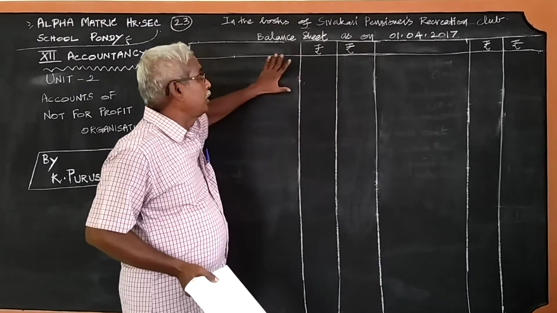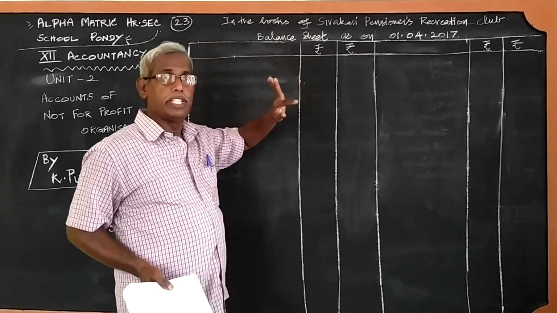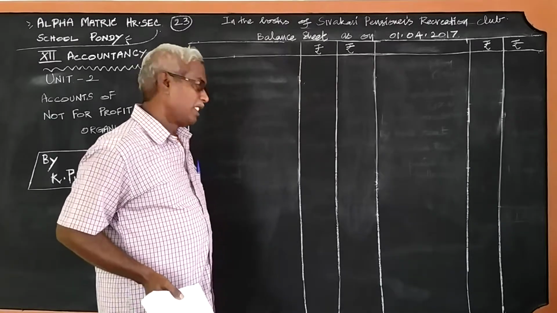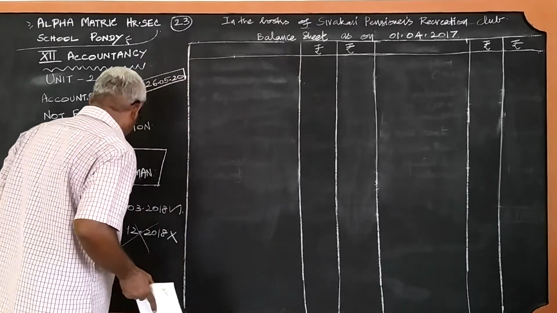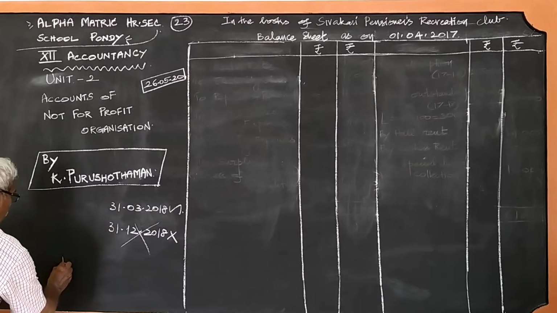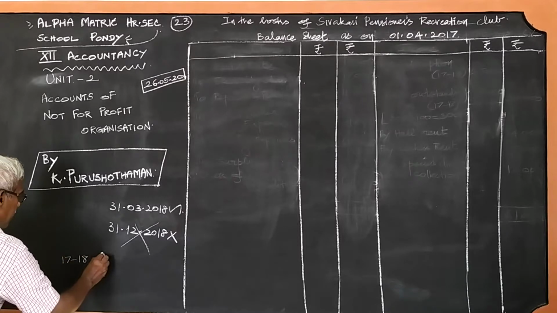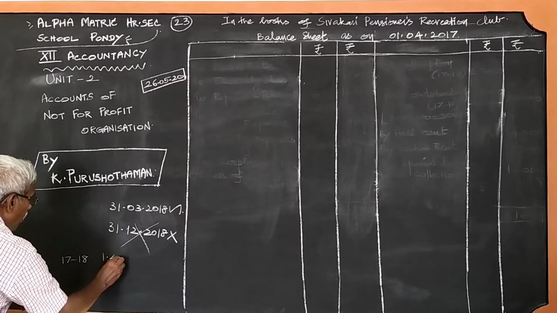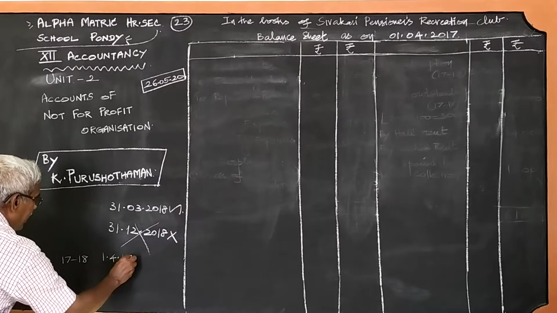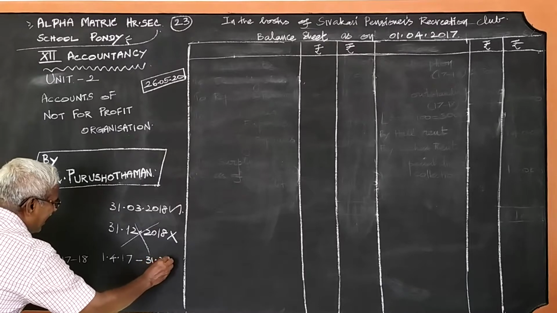Okay, now we come back to this balance sheet. Since no opening capital is given for the year 17/18, what should be the opening date? That is 1/4/17 to 31/3/18.